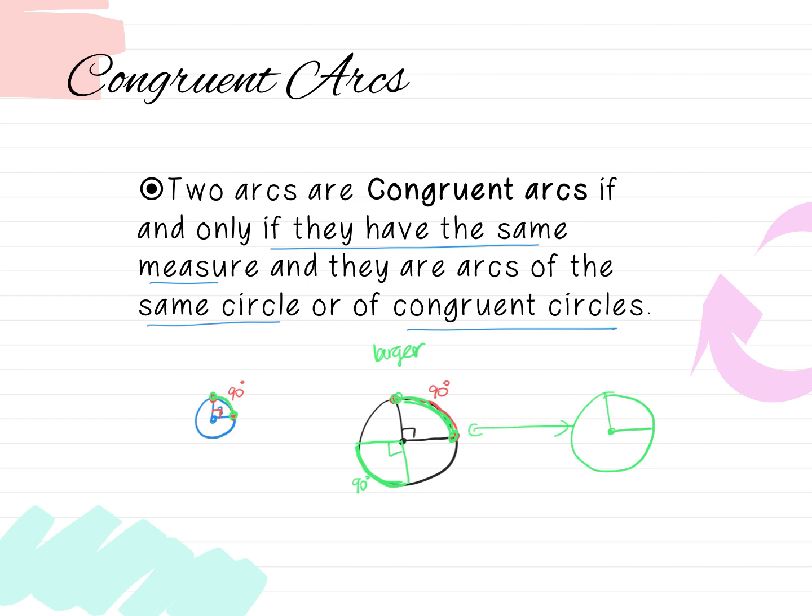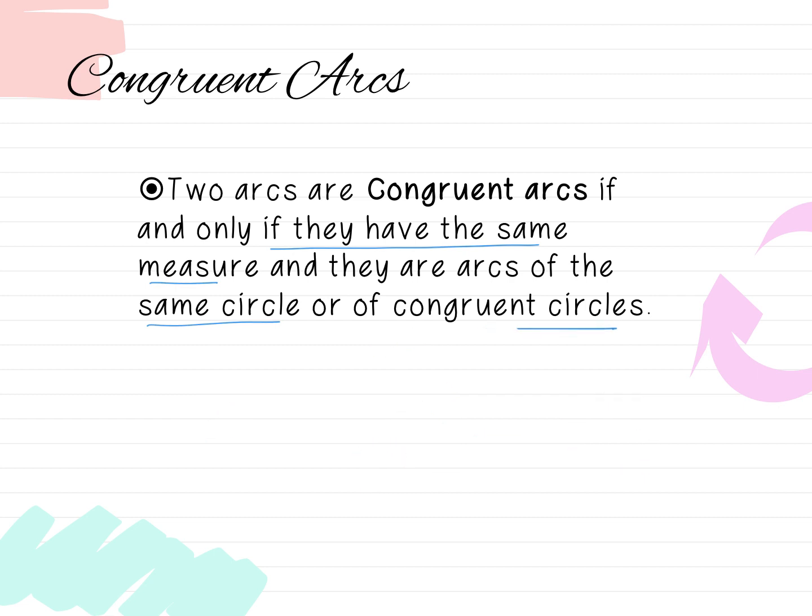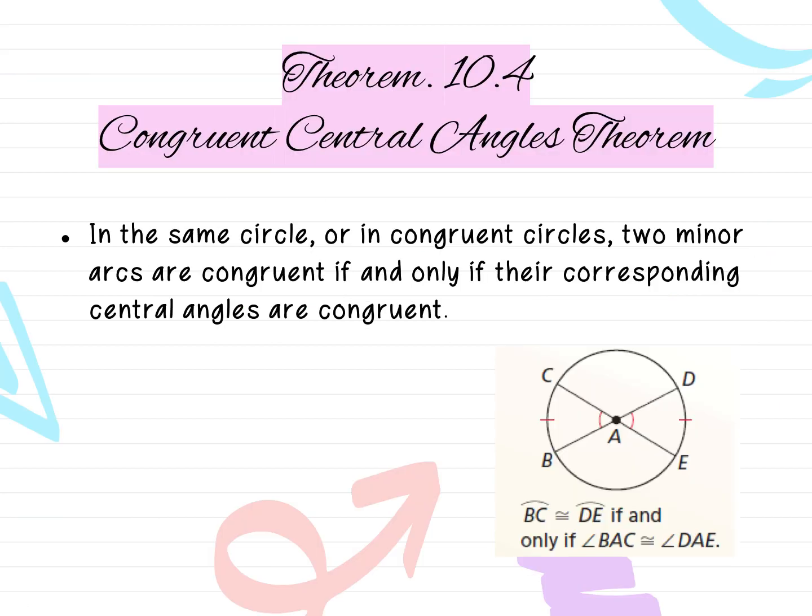So again, for arcs to be congruent, they have to have the same degree measure, but they also have to have the same length. And the only way they're going to have the same length is if they're on the same circle or a circle of the same size with the same radius. Now let's work some problems out.